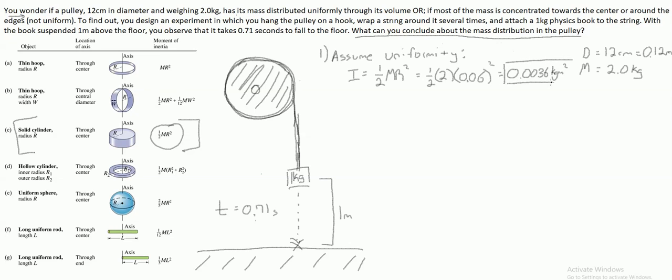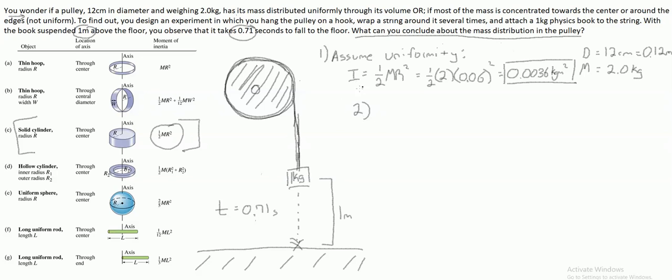So why have I bothered to make this assumption? Because I think that there's another way to calculate moment of inertia. I think that's why they gave us this information about the 1 meter suspension and 0.71 seconds to fall to the floor. If we can calculate the moment of inertia another way and get the same moment of inertia as we just calculated, then we know the mass is uniform.